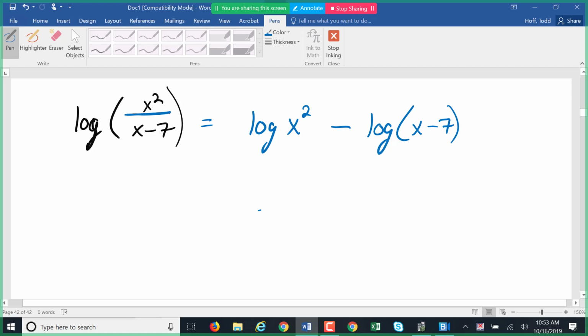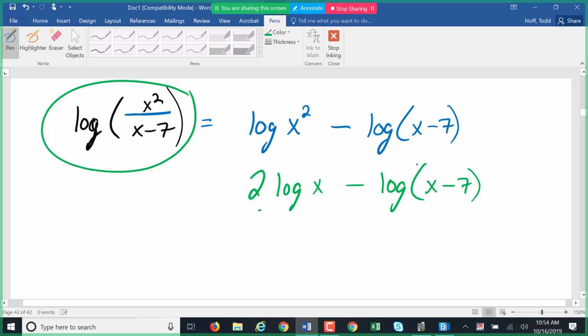We can't break that up. We can only break up multiplication, division, and powers. Log of x squared, however, we can simplify that. X squared, we're going to take the 2 out front of the log. Log of x squared is 2 times log of x. And of course, the log of x minus 7 doesn't change. So log of x squared over x minus 7 is equivalent to 2 times the log of x minus the log of x minus 7.